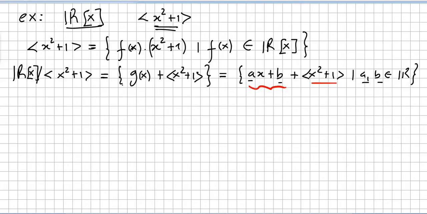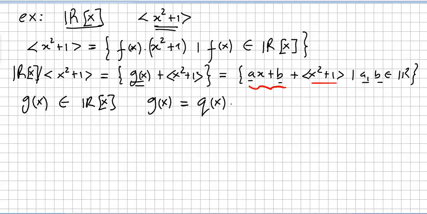So g of x, this one, will be a member of the ring of polynomials with real coefficients. So we can write this polynomial as q of x times x squared plus 1, the ideal, plus r of x.